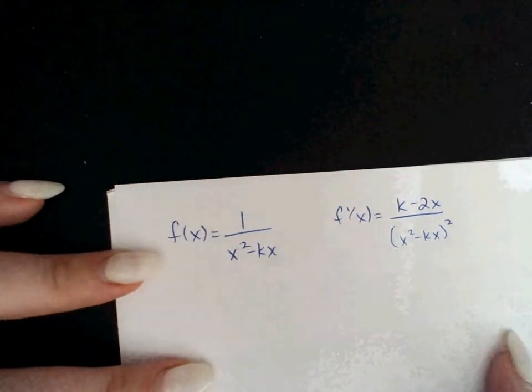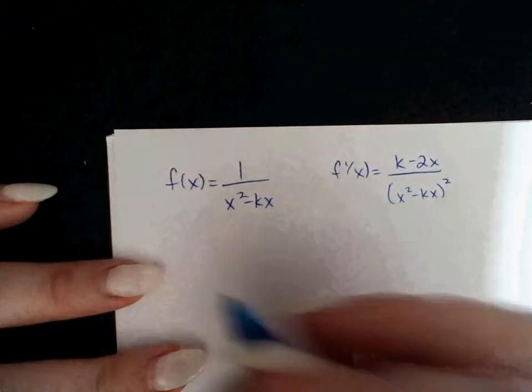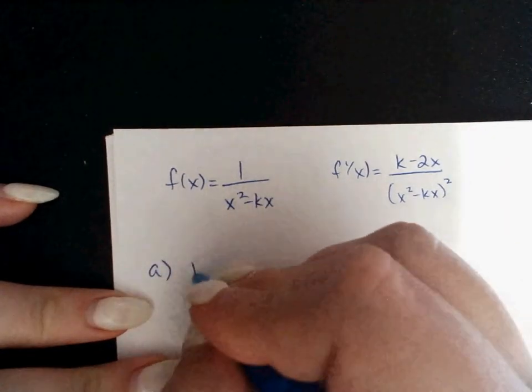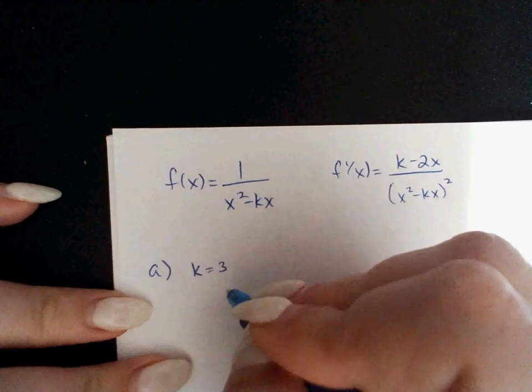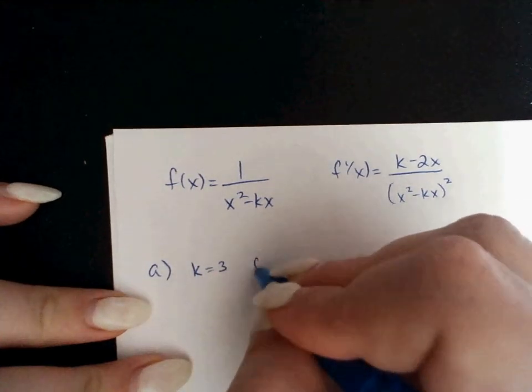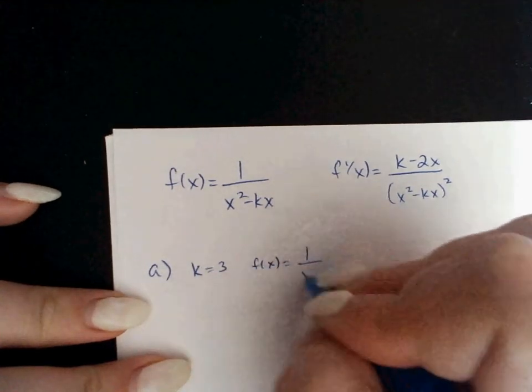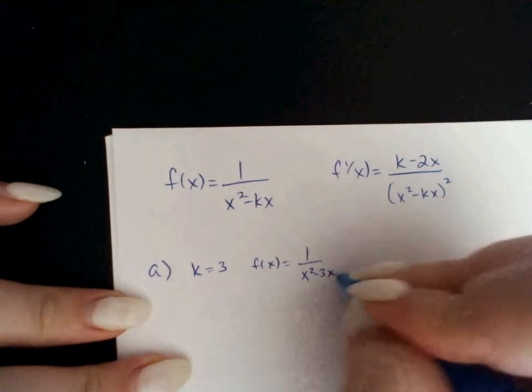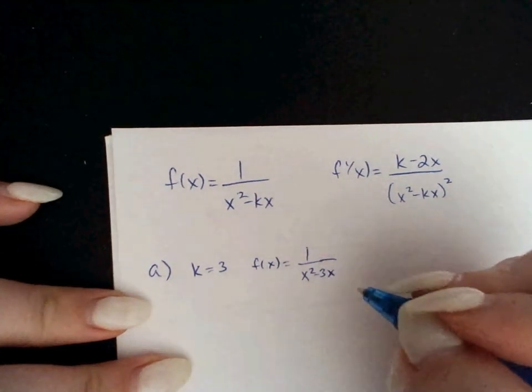So that's okay. Chain rule. And a, let k equal 3, so that f of x equals 1 over x squared minus 3x.